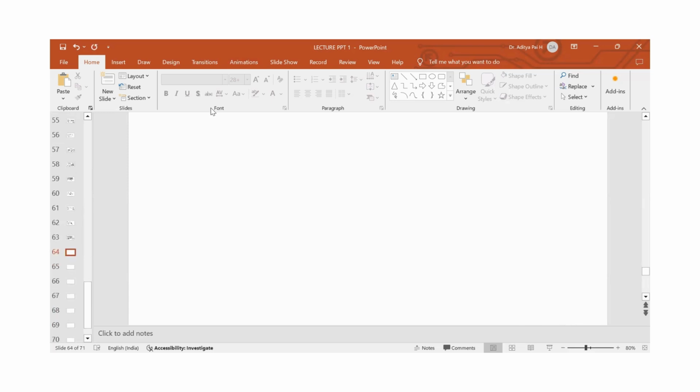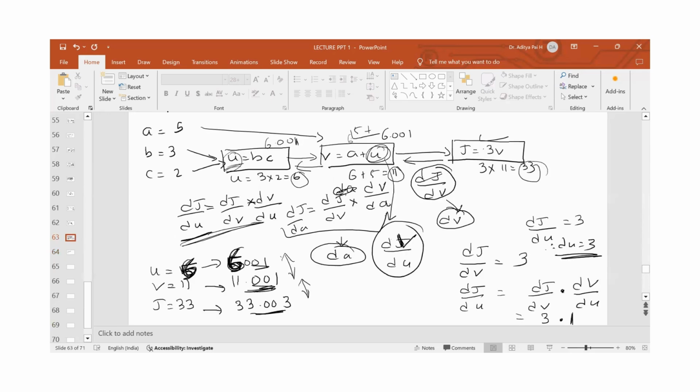Now u is equal to bc, that is u is equal to 6, which is 3 into 2. Now what is dj by db? This is also the chain rule.